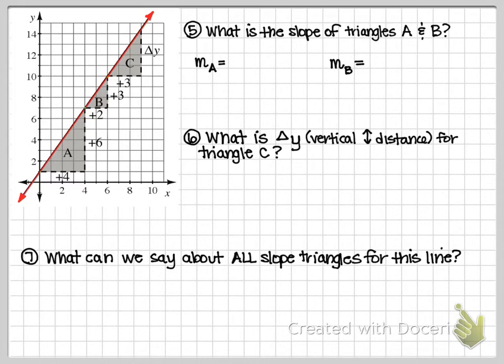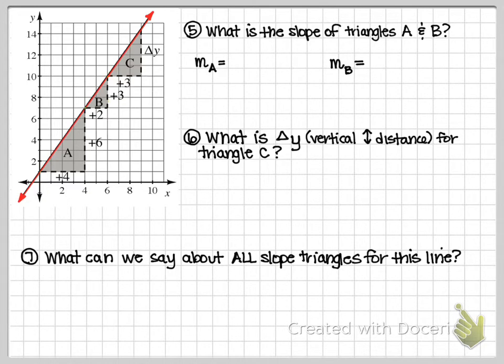All right, so here we've got another one. It's a tiny bit more complicated, especially question 6. So I think what I would recommend is let's do question 5, then question 7, and then see if we can go back and solve 6. Okay, so question 5, we want to be able to find the slope of those two triangles.